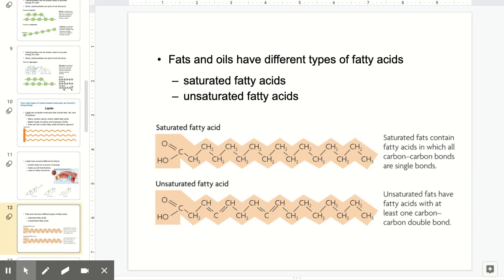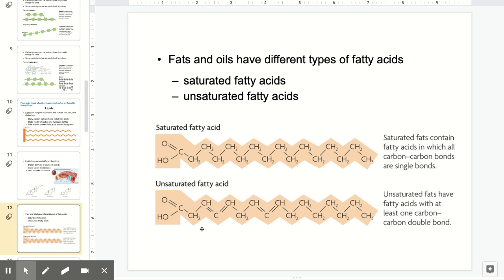Here we have just another kind of structural representation of fats, and it's important to note here that this is our zigzag that I was mentioning before. Here we have our carbon, carbon, carbon, carbon, so on and so forth, and then popping off of it are hydrogens. And we're looking at the zigzag here, and yeah, there's all single lines here. We call that a saturated fatty acid.